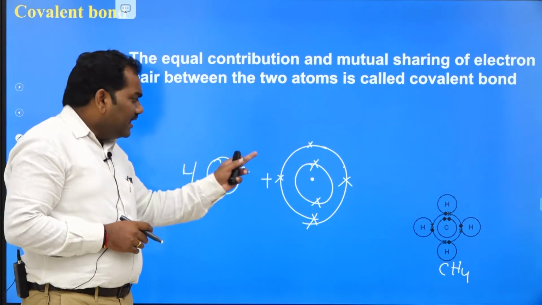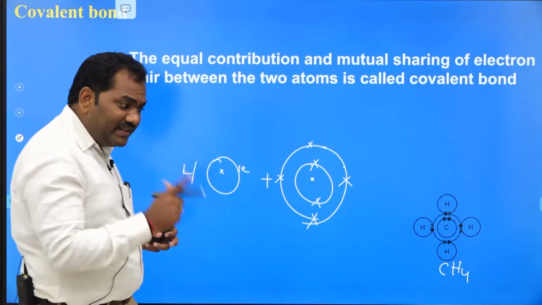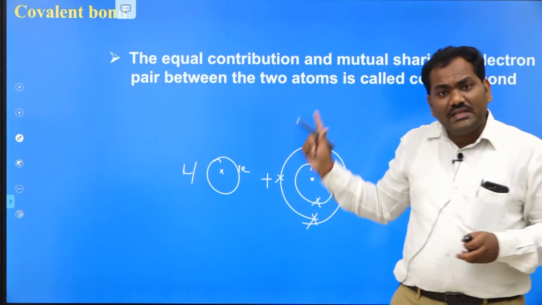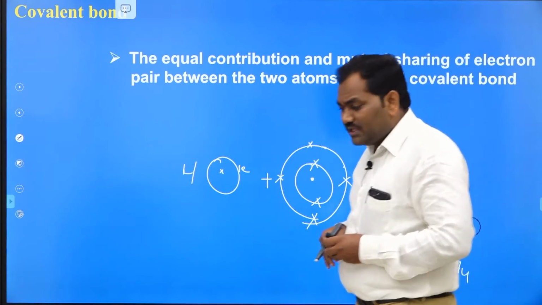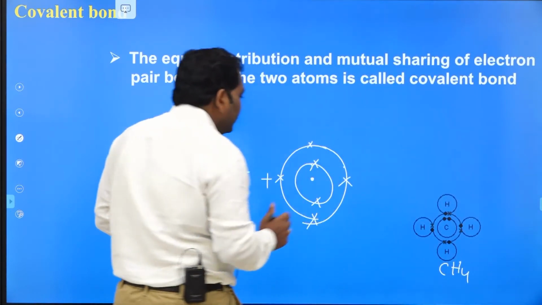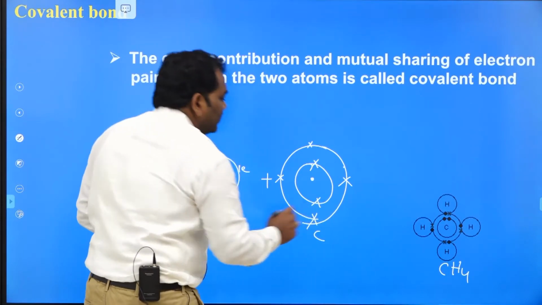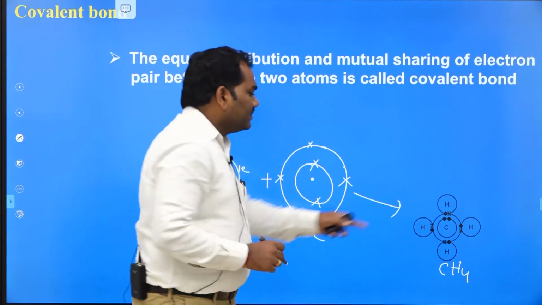If carbon wants to attain noble gas configuration, it needs 4 more electrons. That's why this carbon atom combines with 4 hydrogen atoms to finally form the CH4 molecule. This is hydrogen, this is carbon, and this gives the molecule of CH4.